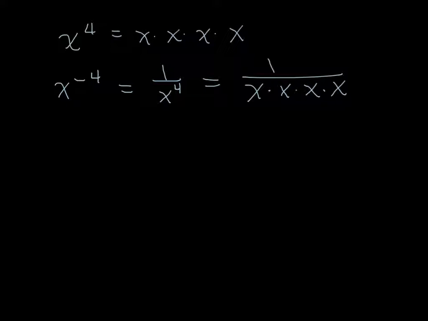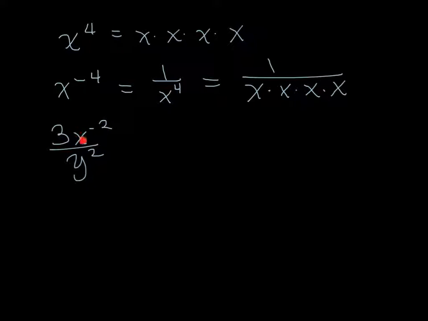So just to show some more examples of this, if we had, say, 3x to the negative second over y squared, how could we rewrite that having all positive exponents and no negative exponents? Okay, well, just like what we did in the previous example, if we put this x to the negative fourth down in the denominator, it became a positive. So that's what we're also going to do with x to the negative second.